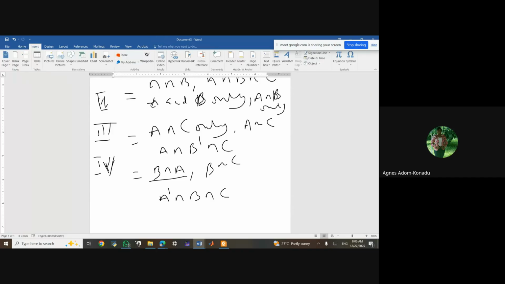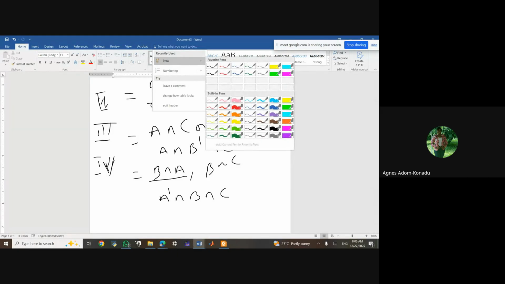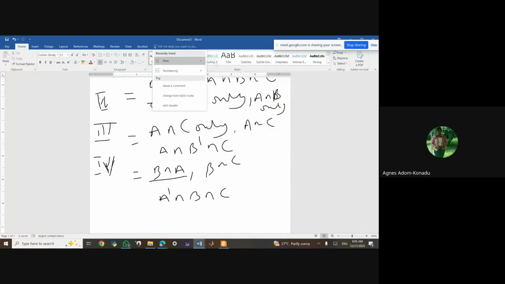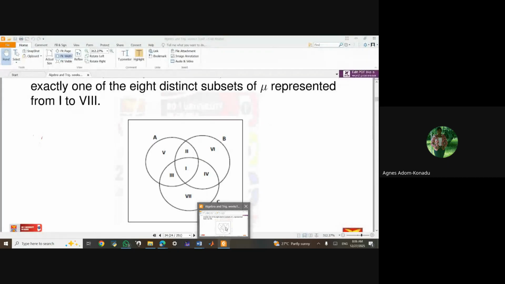Okay, so I should clean it. Okay, let's see. So this one, you are saying it is A intersection B intersection C. That one there, I will take that one.